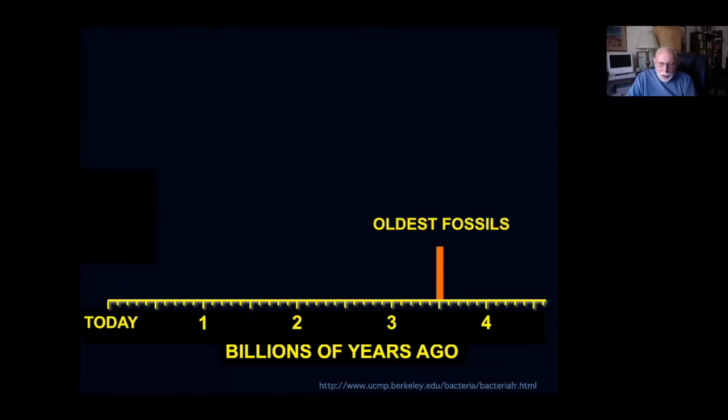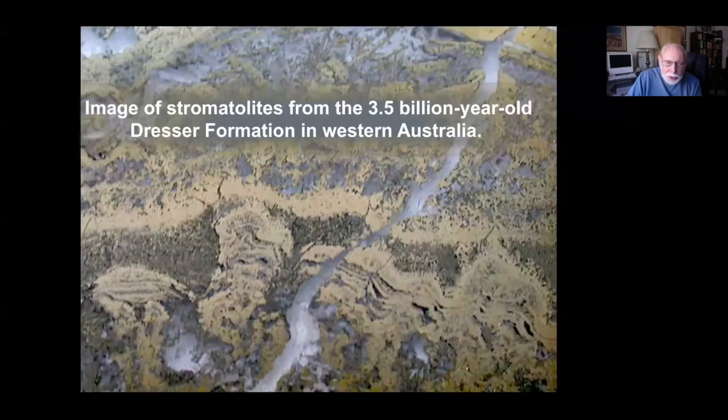And these are probably the oldest fossils that have been found on Earth, dated at 3.5 billion years from Western Australia. And you can see there is a very strong similarity to the structure of a stromatolite in this formation in Western Australia. And this is generally recognized as the earliest indication of life on the planet.